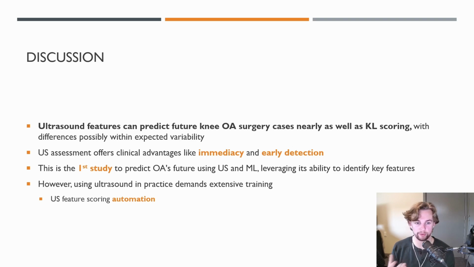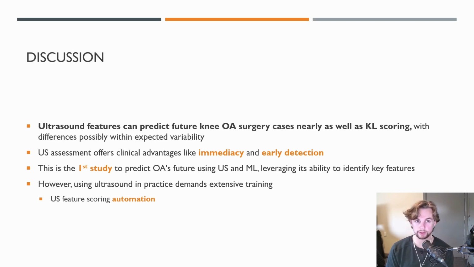You can't go in for an x-ray nearly as much as you can get an ultrasound diagnosis. And so another interesting thing is that this was the first study to actually consider using ultrasound and machine learning as a prediction method for osteoarthritis, leveraging its ability to identify key features.